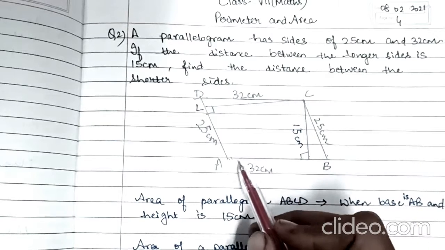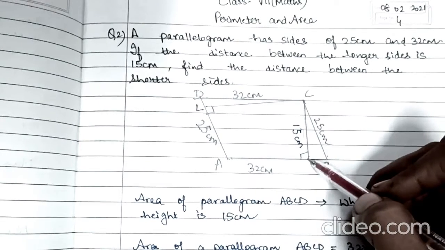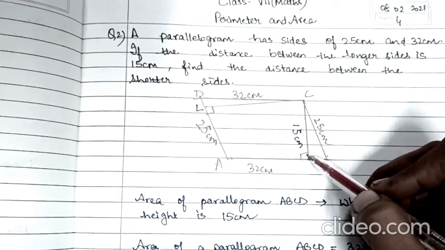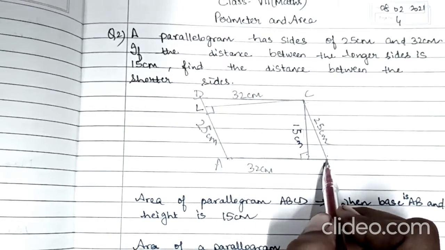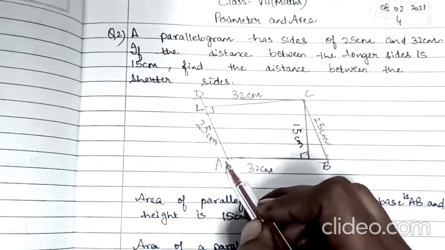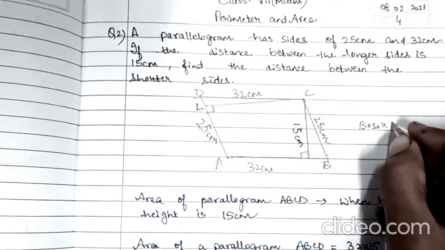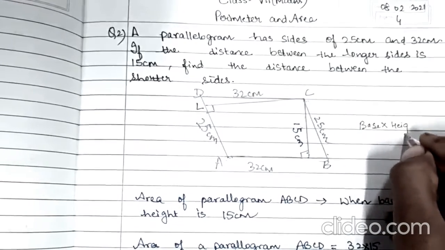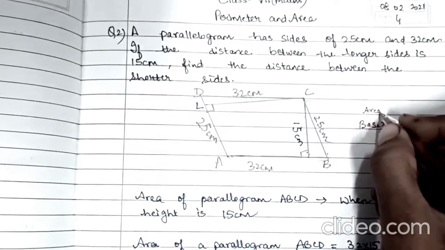Now if we take this height as 15 centimeter, and this is the base, so the area of the parallelogram will be base into height. This is the formula for the area of parallelogram.